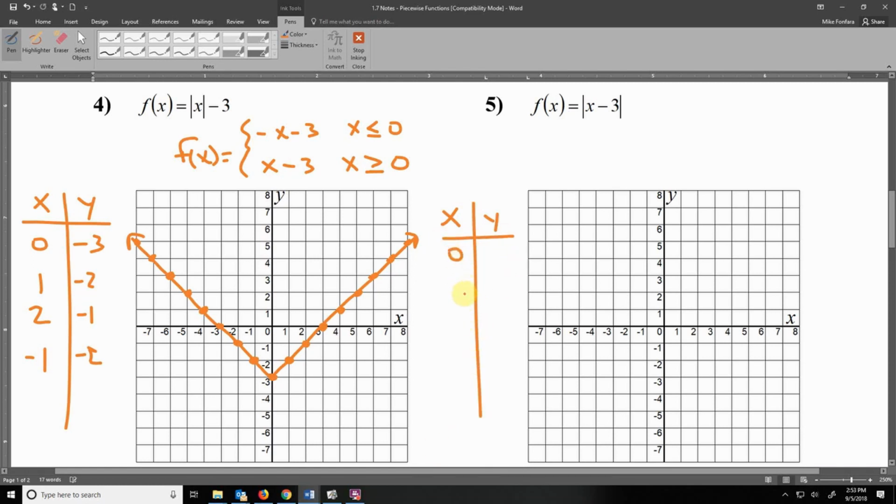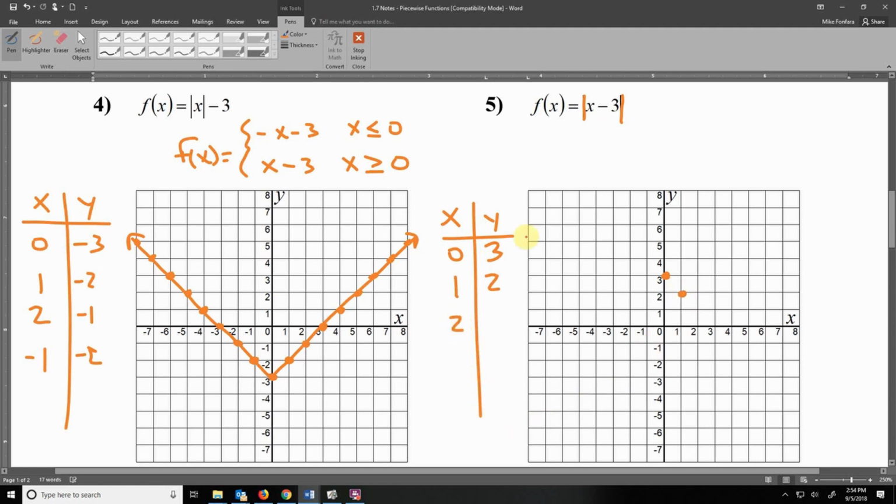So if we put in a 0 here, 0 minus 3 is negative 3, and the absolute value of that, this time the absolute value is on the outside, the absolute value is 3. If I put in a 1, 1 minus 3 is negative 2, the absolute value is 2.